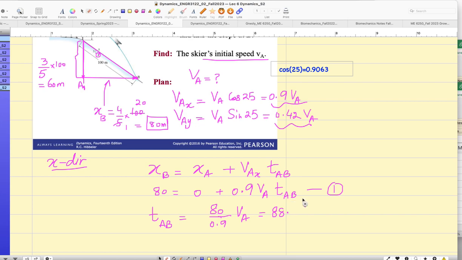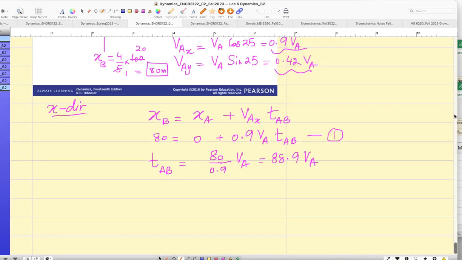Let's write down 89 times VA. So we can write this time in terms of VA. It will be useful later on. We can use it in the distance formula in the y direction.